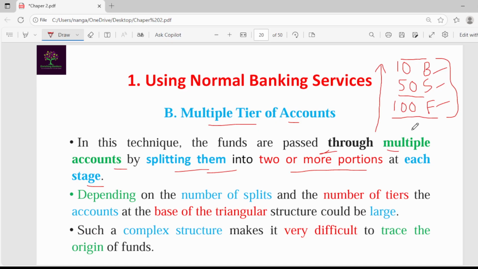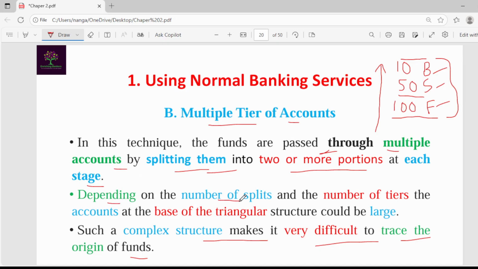So to avoid being caught and to make it very difficult to trace the origin of funds, criminals use this multi-tier of accounts method.